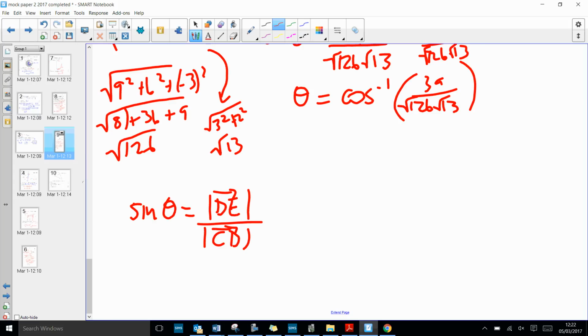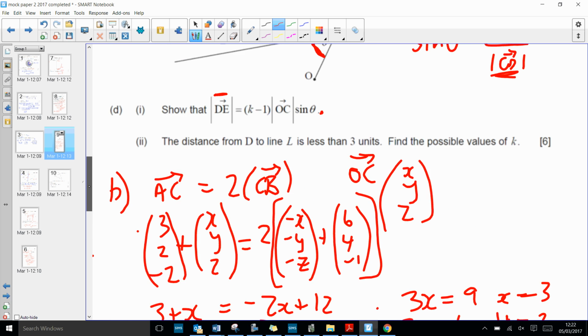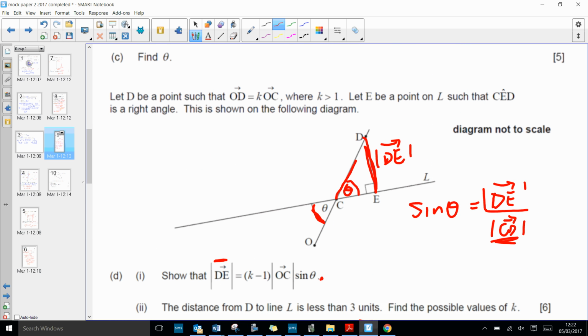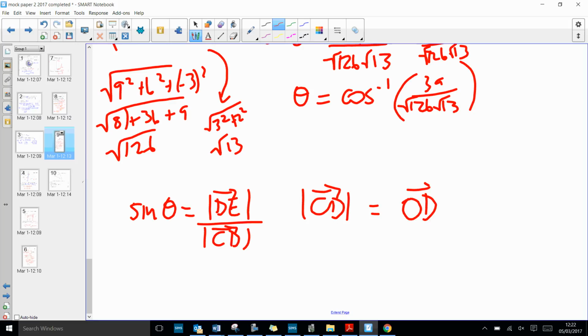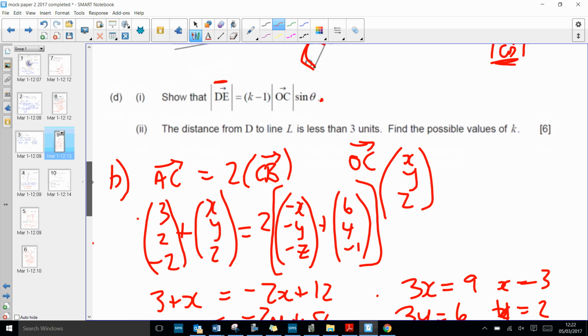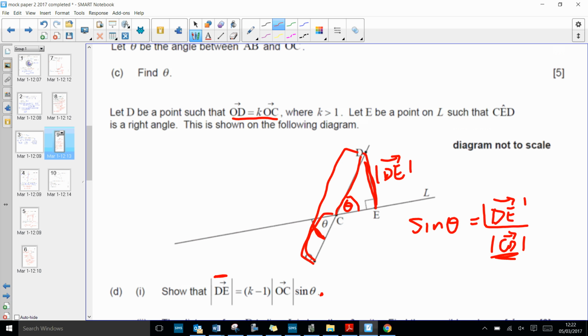Okay, so now we need an expression for CD. So we go back up to here, and we can see that C to D would be O to D subtract O to C. So O to D subtract O to C. Well, we know that O to D from the question is K times OC.